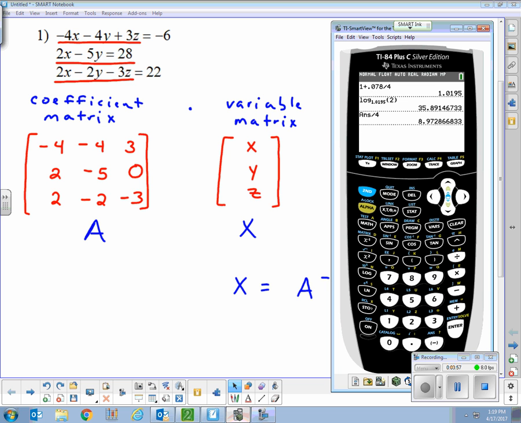And so I'm going to go to my matrix menu. I'm going to edit matrix A. It is a 3 by 3. And I'm going to put in my coefficients.